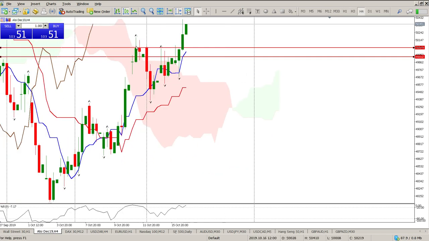The 4 hour is a nice solid break. Okay, we did get a break over here above the cloud, and we've now tested it and broken the upside. Kijun-sen and Tenkan-sen, well, Kijun-sen is going flat. Okay, we've got bullish signal, bullish signal, bullish signal. This is bullish.